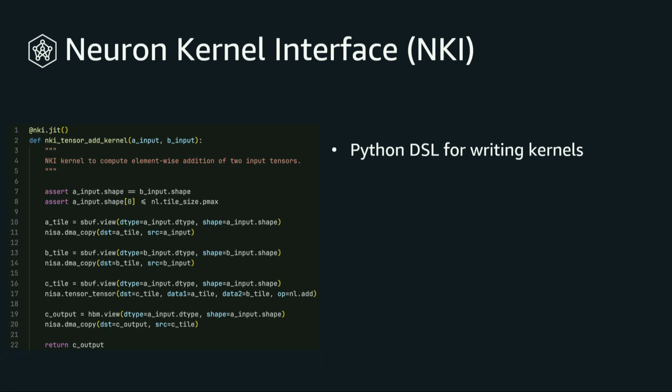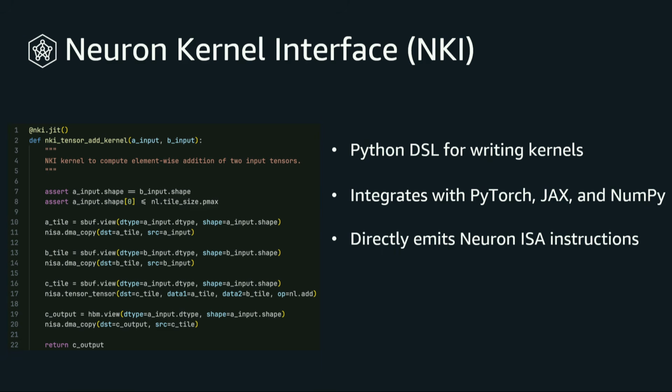If you're familiar with OpenAI Triton, this is not quite Triton. It's a little different, but it's our flavor of writing low-level kernels for our accelerators. It integrates directly with PyTorch, JAX, and NumPy. It directly emits Neuron ISA instructions, the actual hardware instructions that exist on the chips.